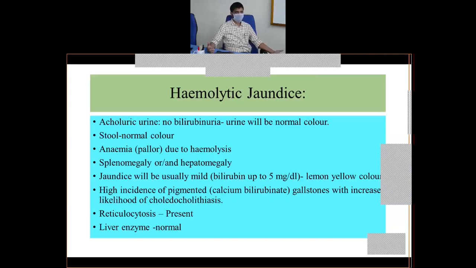Reticulocytosis will be there because of hemolysis, and liver enzymes are normal, so there is no problem in the liver. As it is unconjugated hyperbilirubinemia, urine color will be normal, and stool color will also be normal because normally the bilirubin passes into the stool.